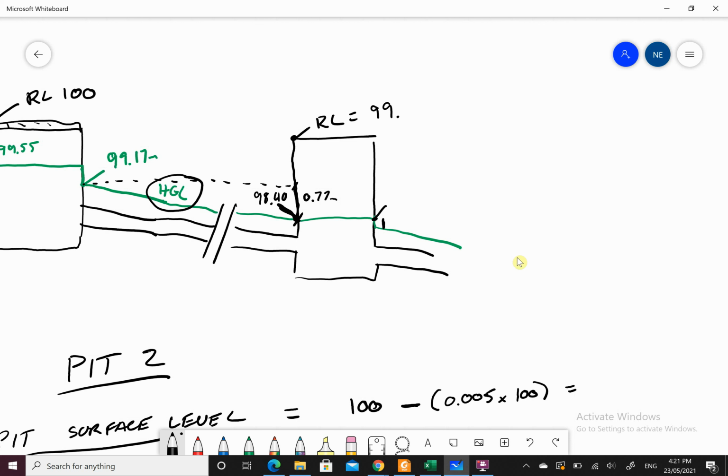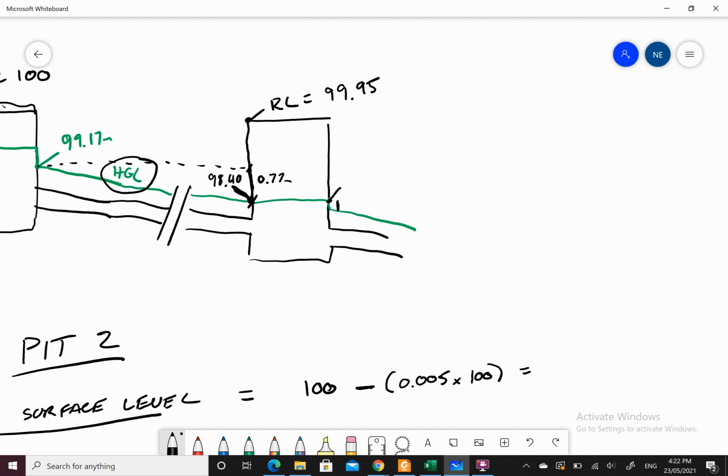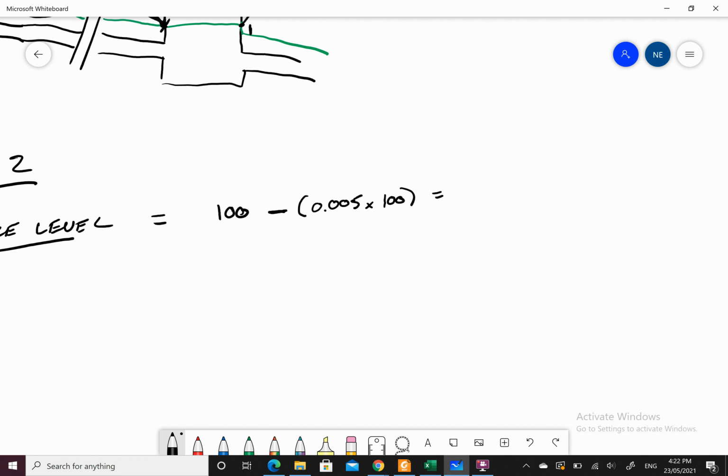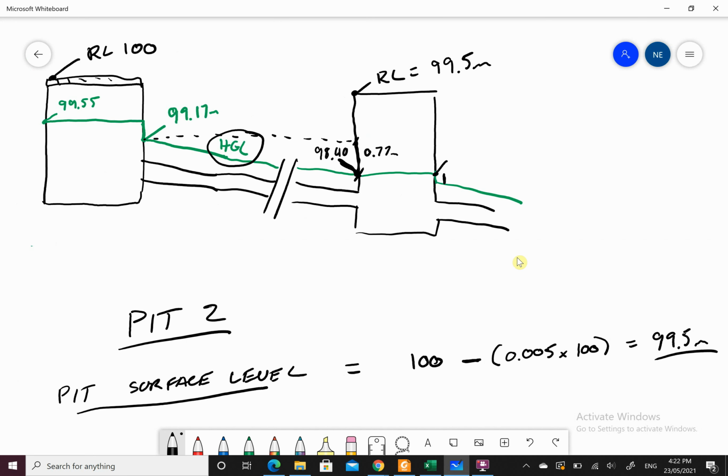Obviously multiply these out, subtract it, should be 99.95 meters. And then we start this same process all over again.